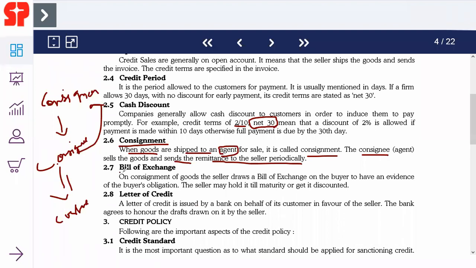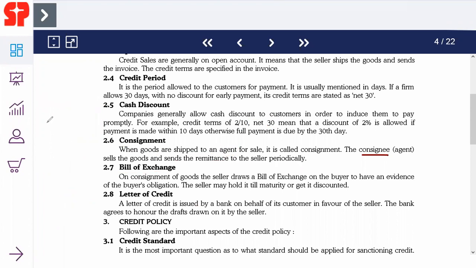Another concept in receivable management is bills of exchange, that is, bills receivable. Sometimes a sale is made and the seller accepts bills receivable instead of cash. In that case there will be no debtors; bills receivable will be your receivables.